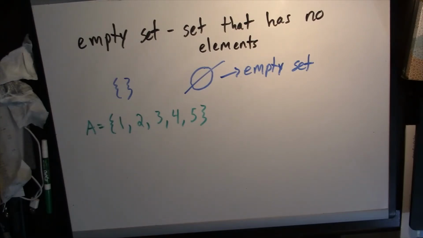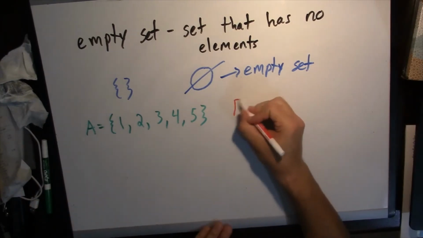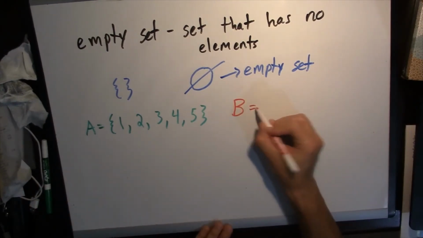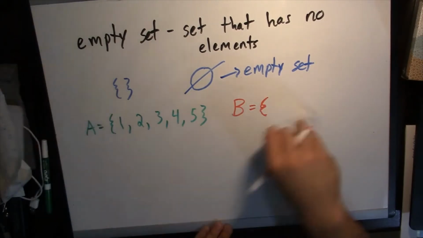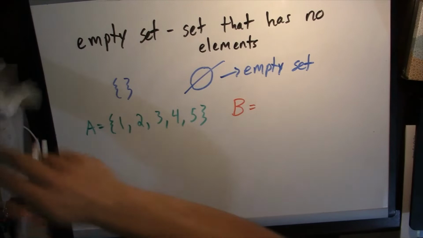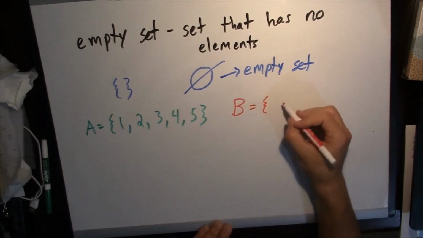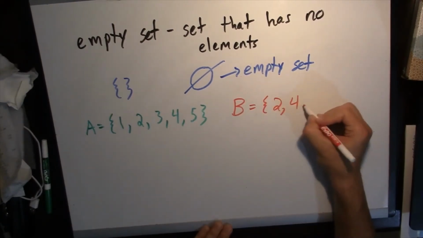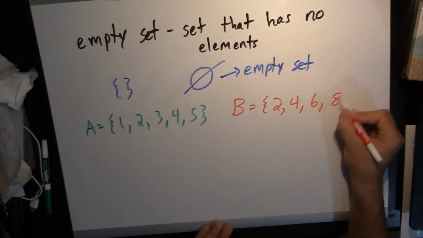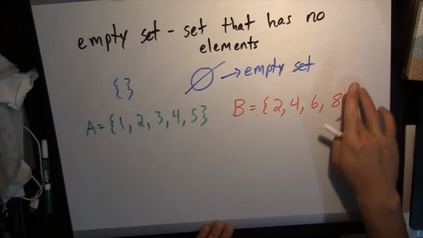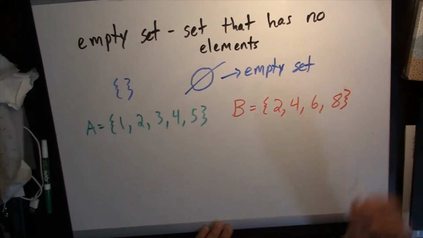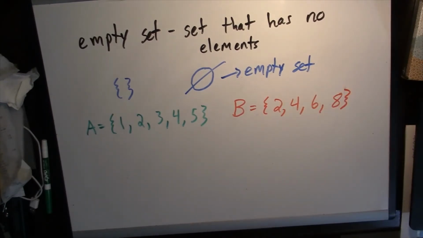And I'm going to say the set B is the set with, let's choose 2, 4, 6, and 8. So I have these two sets.